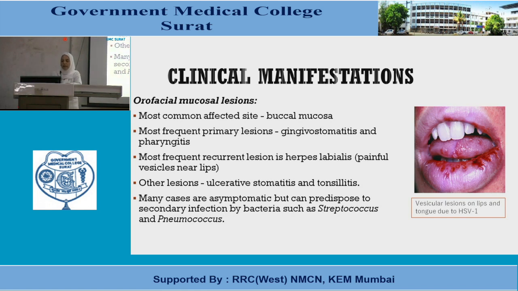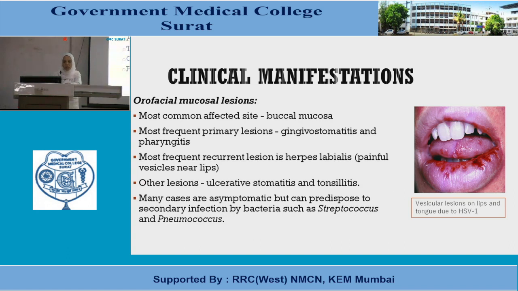There may be recurrent lesions in herpes labialis, which are painful vesicles near the lips. Other lesions are ulcerative stomatitis or tonsillitis, and many cases are asymptomatic, but they can predispose to secondary infections by bacteria, maybe streptococcus or pneumococcus. So you definitely see these lesions very commonly.